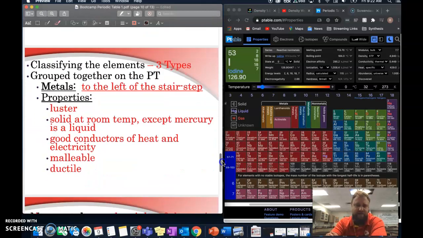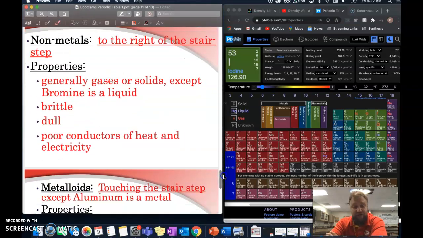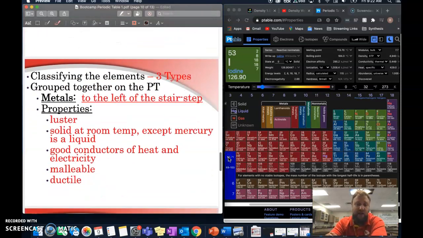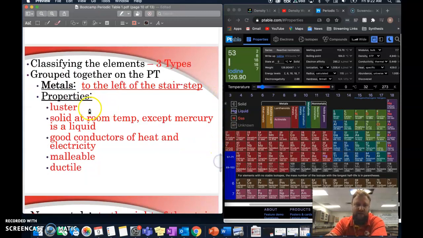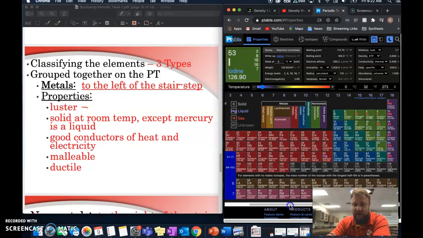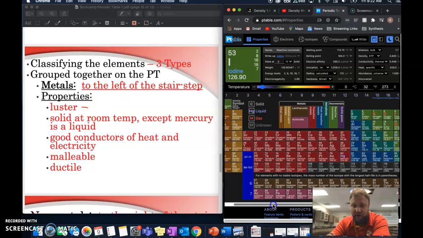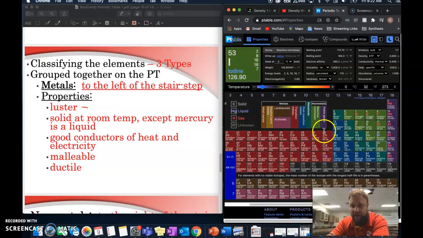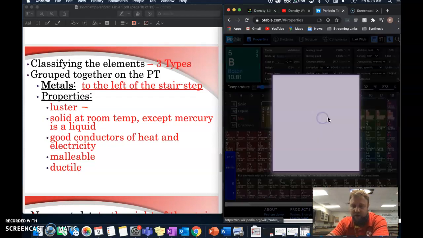I only have a few minutes left before my 15 minutes are up, so I might do these really quick. You can always just look at these because it's not really too in-depth. First we have metals. You don't really see the stair step here, but it will tell you what type of elements they are in this table. Our stair step usually runs, see where boron is?